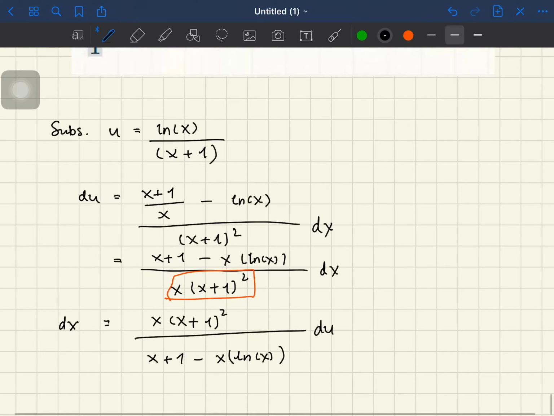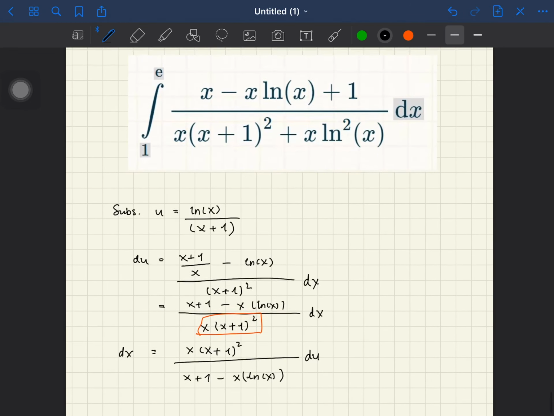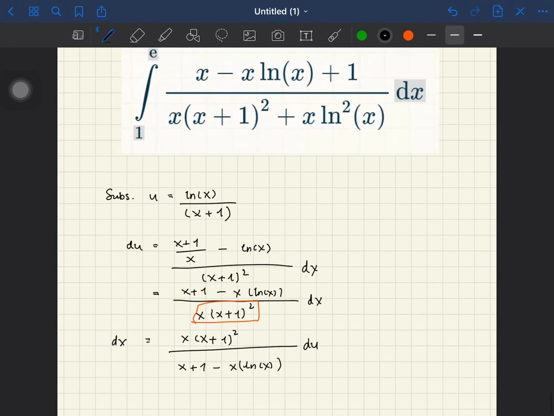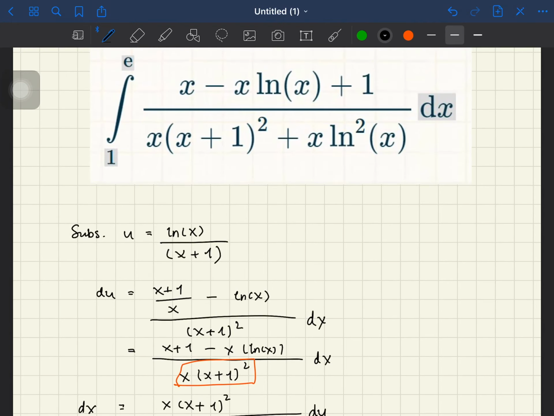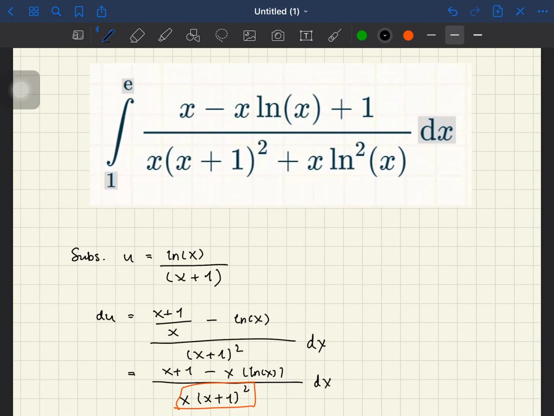So we substitute this entire thing into the integral, but remember we have to set the boundaries. If x equals e, then ln x is 1, and the denominator is e plus 1, so u equals 1 over e plus 1. And if x equals 1, then obviously u equals 0, because ln 1 equals 0.